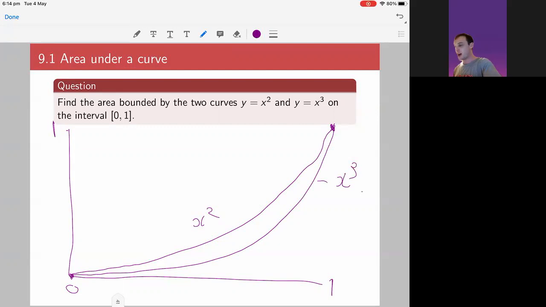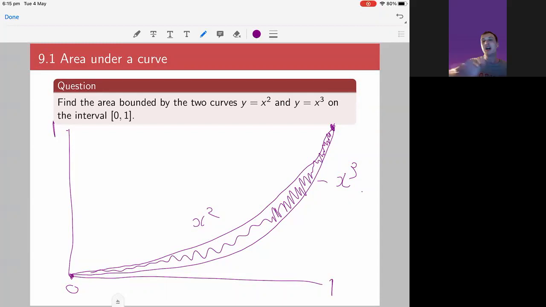Try and find the area between these two curves. Now, this is sort of a tricky question because I've only really defined area under the curve. I haven't really told you how to find areas between two curves. But perhaps your intuition is telling you the way you should do this.